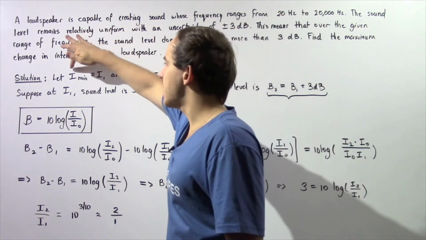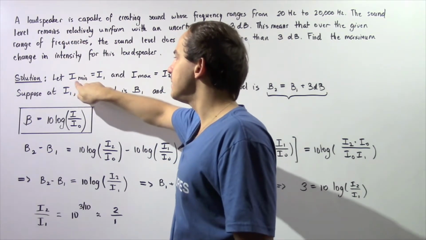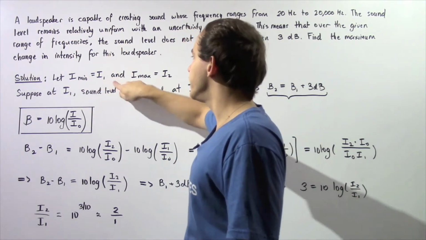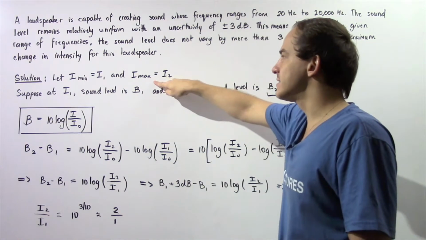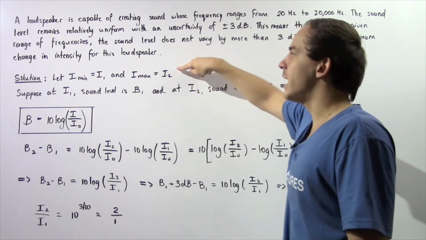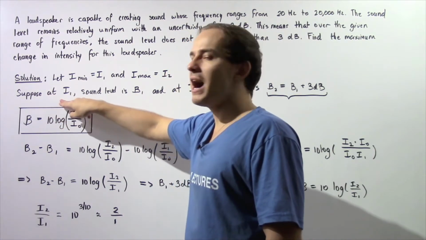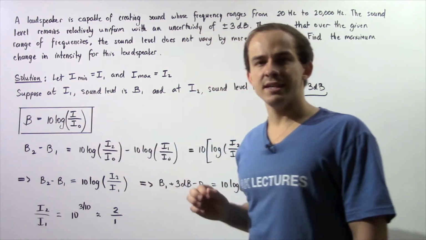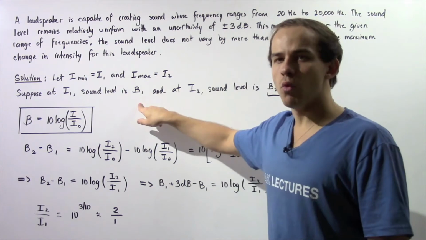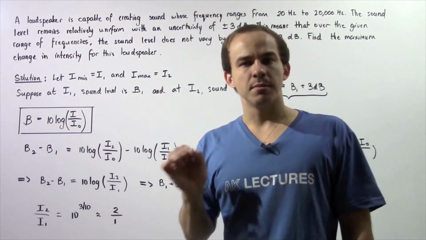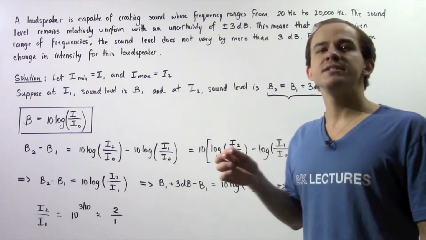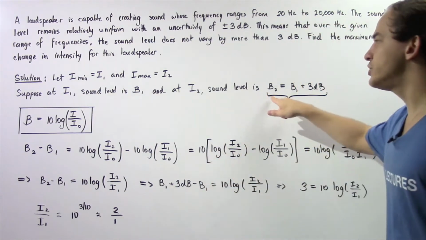So let's suppose that our minimum intensity I min is equal to I1 and the maximum intensity I max is equal to I2. Let's also suppose that at intensity of I1, the minimum intensity, the sound level is B1, and at the maximum intensity of I2, the sound level is B2.